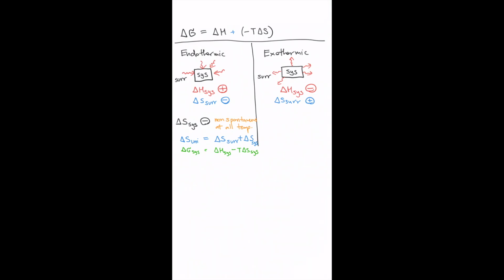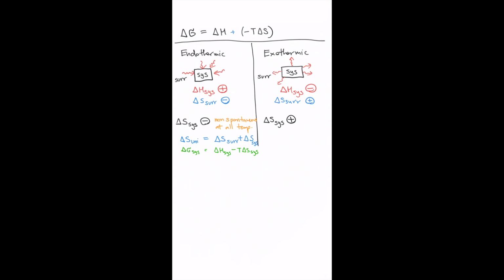Next, for the exothermic scenario, if the entropy change of the system, or the dispersal of matter, increased or becomes positive, for example, changing the physical state from solid to gas, or aqueous to gas, or solid to liquid, all of this results in positive entropy for the system because the matter becomes more dispersed.